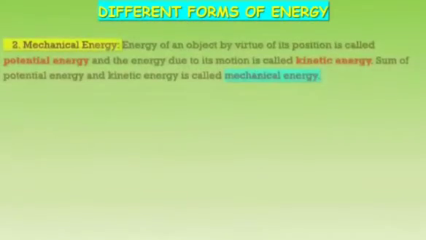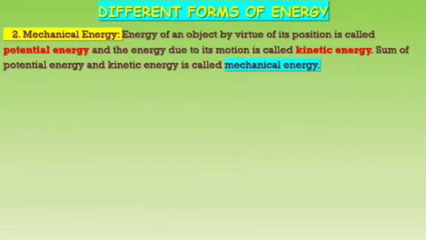Next we will learn about mechanical energy. Mechanical energy is also a form of energy. The energy of an object by virtue of its position is called potential energy, and the energy due to its motion is called kinetic energy.